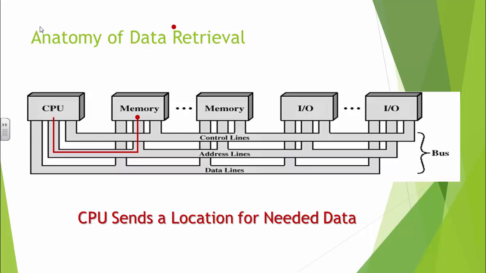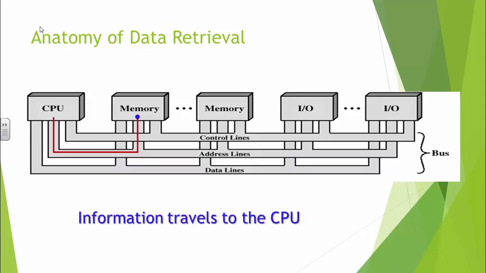And the memory recognizes that the information contained in that address is required, and it then sends that information back to the CPU. So the contents of that location in RAM is sent back to the CPU through the data lines. Hopefully this should make it a little more clear how this system works.